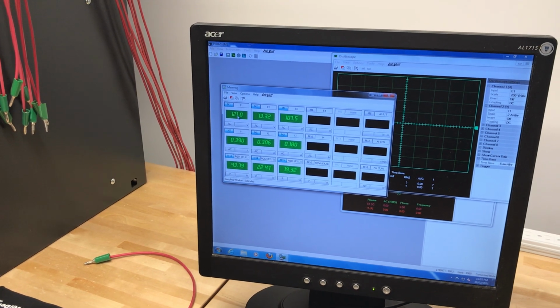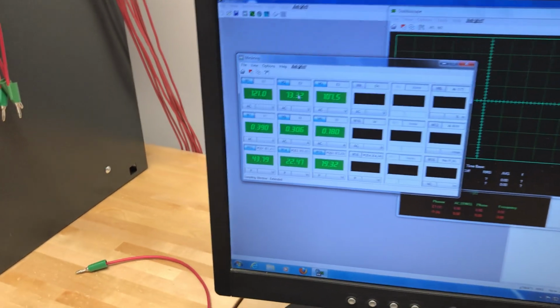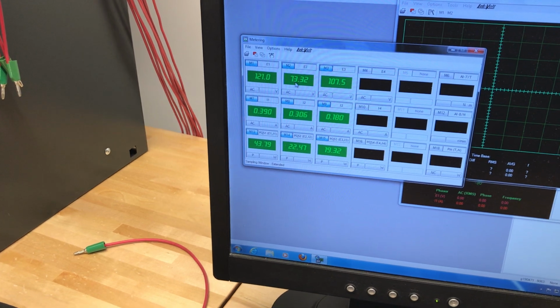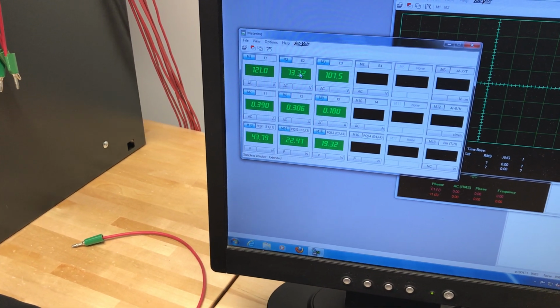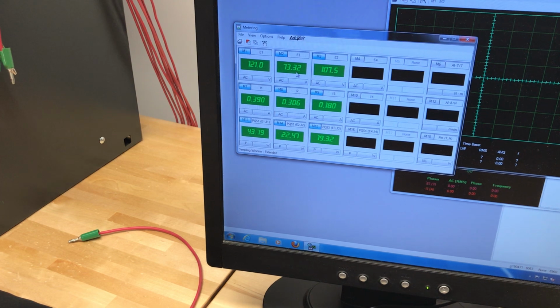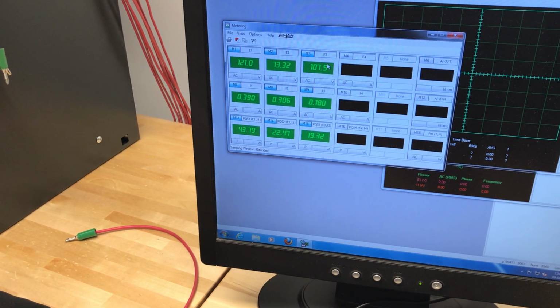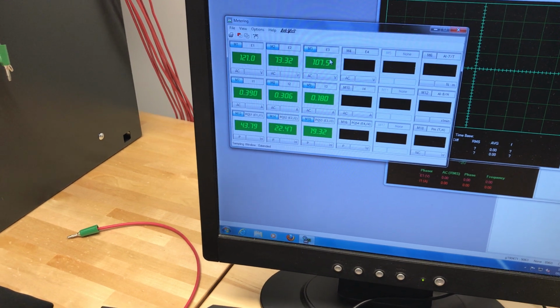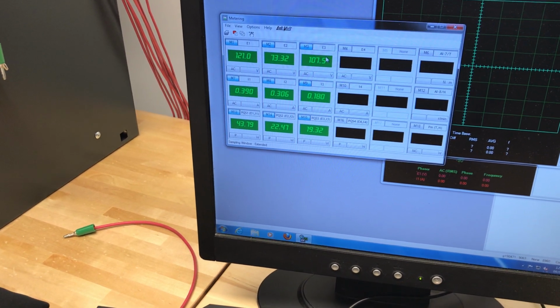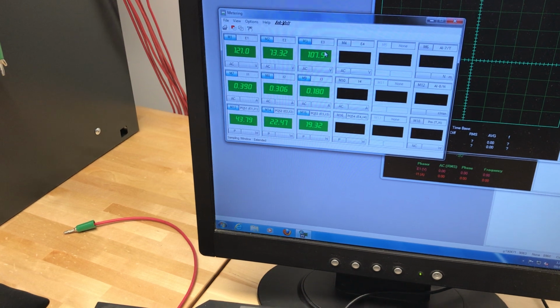E1 is the voltage coming from the supply, and E2 is the voltage across the first resistor, which is 240, 73.32. And E3 is the voltage across the resistor connected to the capacitive element in series, which is, I believe, 300.